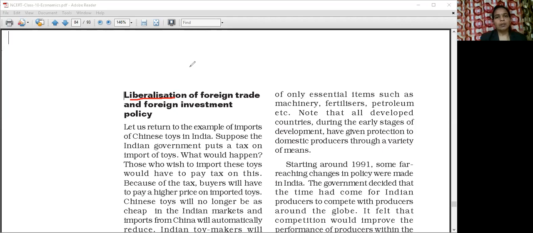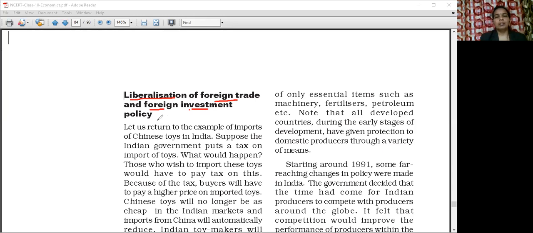It is the same here: the liberalization of foreign trade and foreign investment policy means freedom for businesses run by foreign companies, and for investment policies.